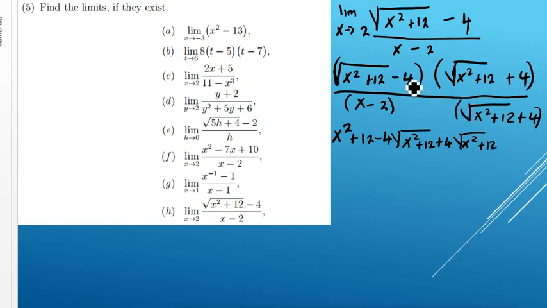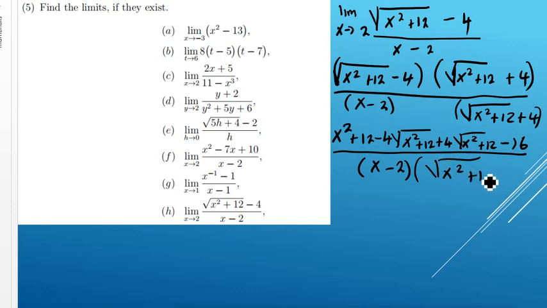Then we multiply the 2, so negative 4 multiplied by positive 4, we are going to get negative 16, everything over x minus 2 times root of x to the power 2 plus 12 plus 4.